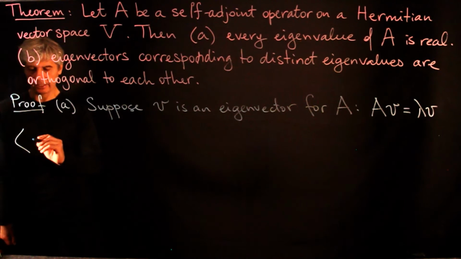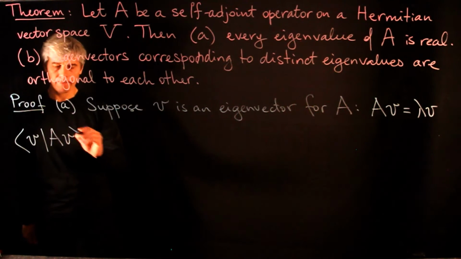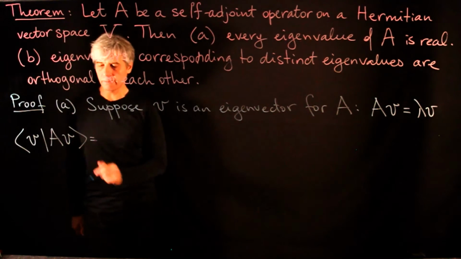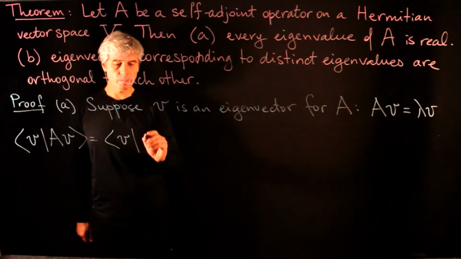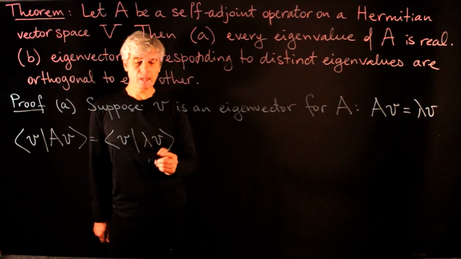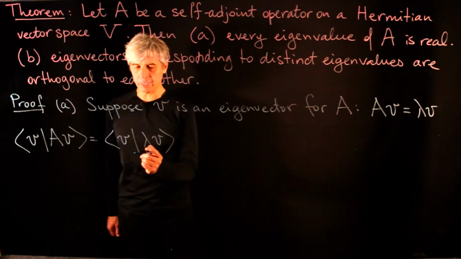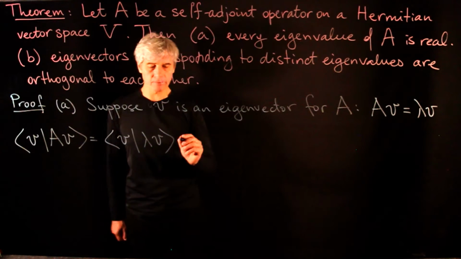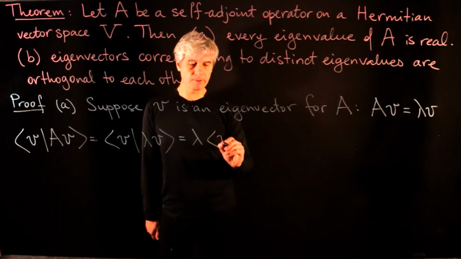Let's calculate V with AV. Since V is an eigenvector, this is equal to V with lambda V. And this is a Hermitian scalar product, so we can pull lambda out from the second factor. So this is equal to lambda times (V, V).